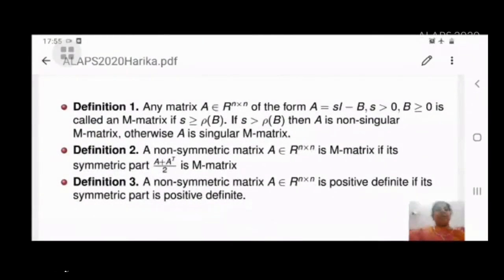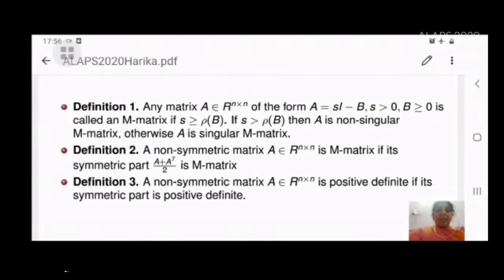Some definitions related to our talk. Any matrix A belongs to R power n cross n of the form A equals sI minus B, s greater than 0, B greater than or equal to 0, is called an M matrix if s is greater than or equal to the spectral radius of B. If s is greater than the spectral radius of B, then A is a non-singular M matrix, otherwise A is a singular M matrix.